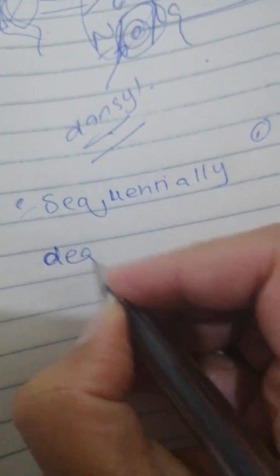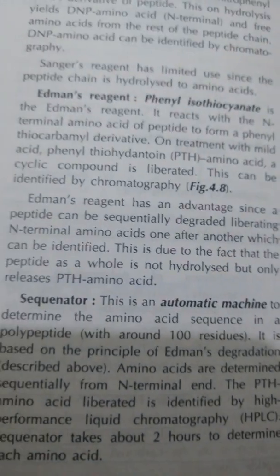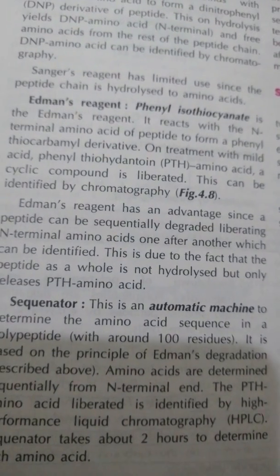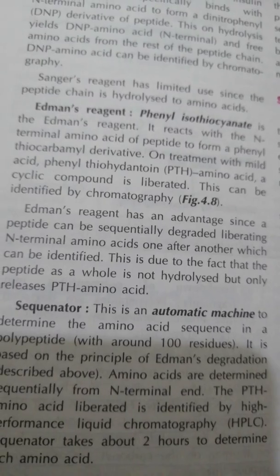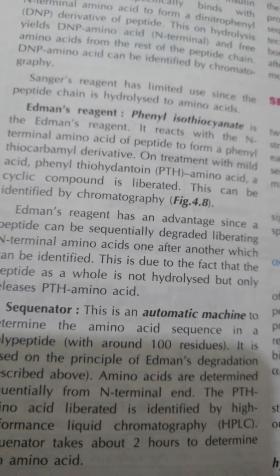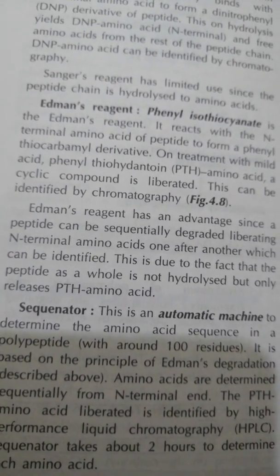Even though you need to write this in your own words for your own sake, you need to remember these keywords which make your explanation all that more easy to get for your examiner. Sequentially degraded. Liberating N-terminal amino acids one after another, which can be identified. And why is that? Because the peptide as a whole is not hydrolyzed but only releases PTH amino acid.